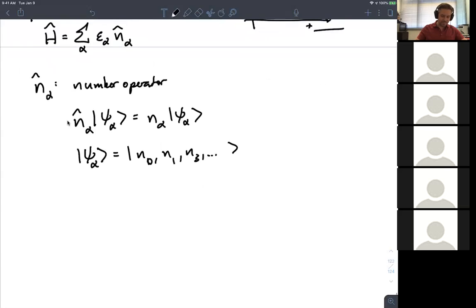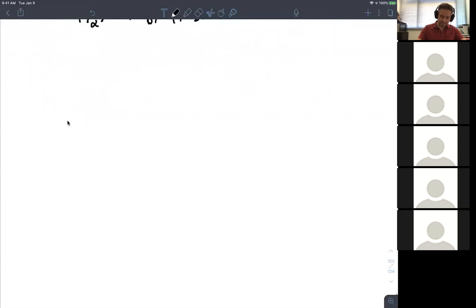All right, so we take our Hamiltonian, we act on our eigenstates. This will tell us the energy of our eigenstates.